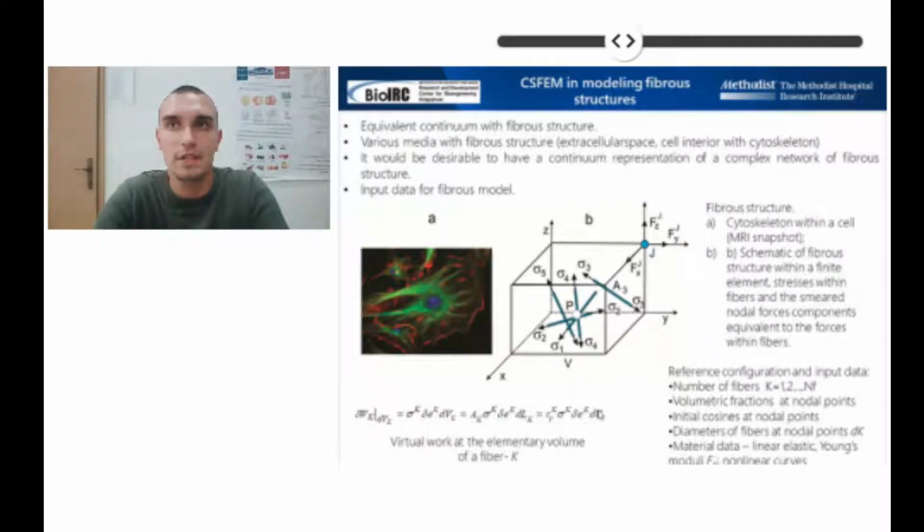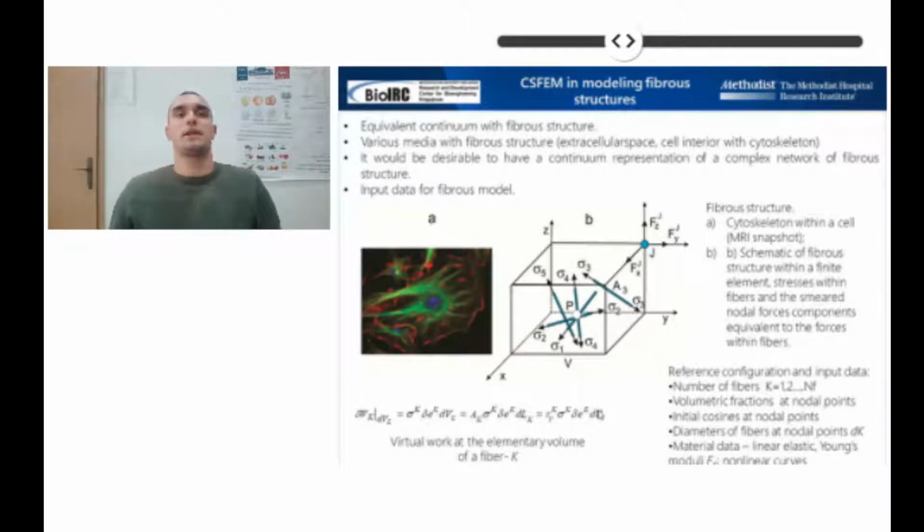There are various media with fibrous structure, such as extracellular space or cell interior with cytoskeleton, and from the practical implementation, it is desirable to have a continuum representation of a complex network of fibrous structure. Here on this figure below, in figure A is presented the cytoskeleton within a cell. That is an MRI snapshot, and an equivalent sketch of the fibrous structure in part B of this figure.